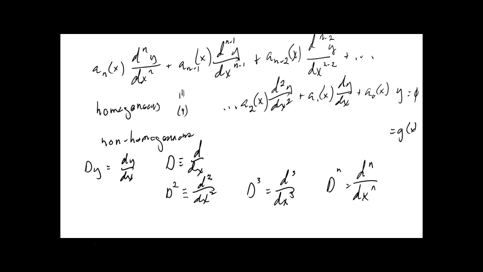D to the n, that's this one, d to the n y dx to the n. So it's just a shorthand for whatever. The superscript is the order of differentiation. Is that the right way to say it? It's which derivative you're talking about. Because we're using order in a different way, I probably shouldn't use that one.